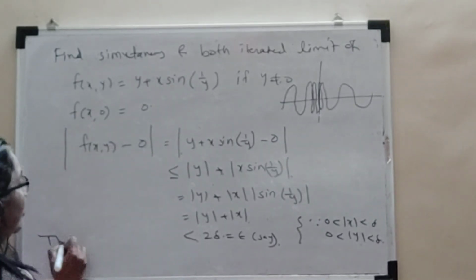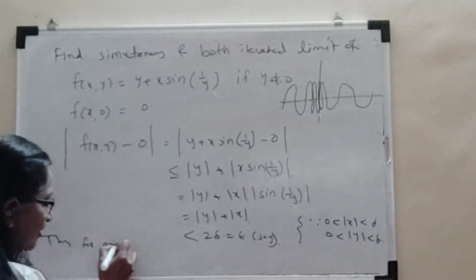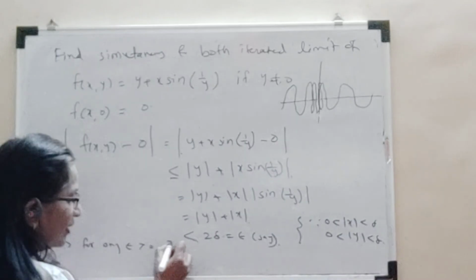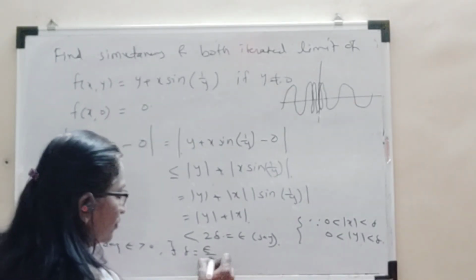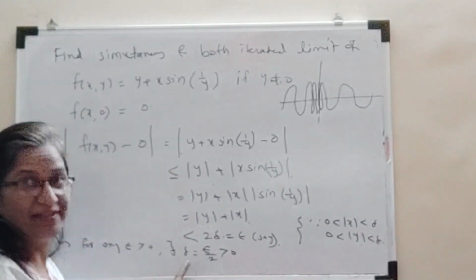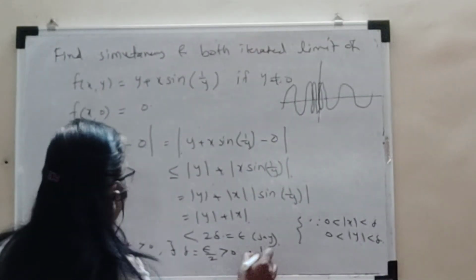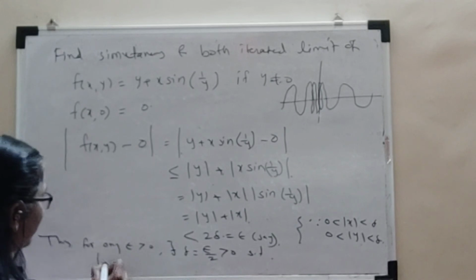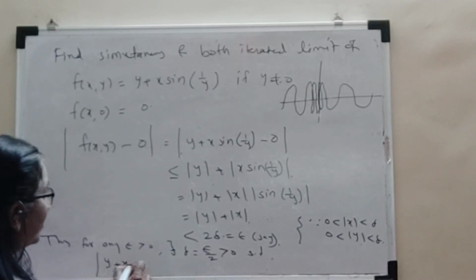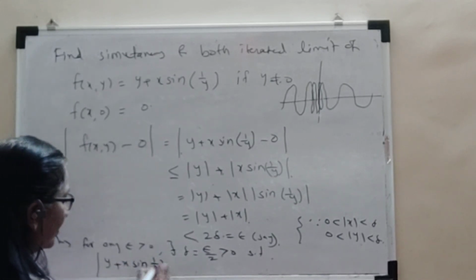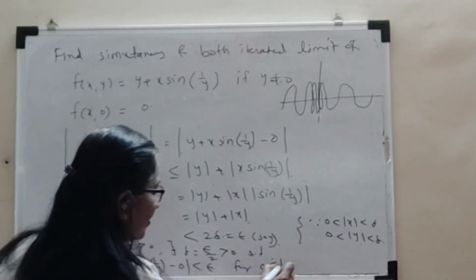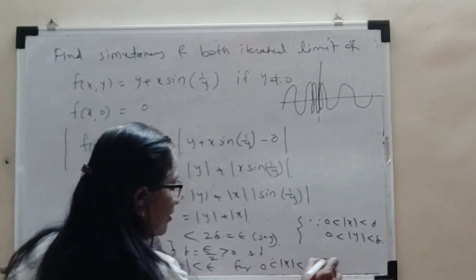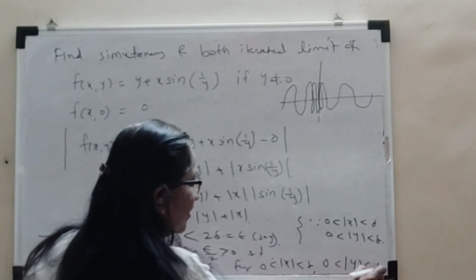Thus for any epsilon greater than 0, there exists delta, where delta is equal to epsilon by 2, and it is also positive because epsilon is positive, such that it satisfies the definition of limit, that is, mod of y plus x into sine of 1 by y minus 0 is less than epsilon for 0 is less than mod x is less than delta, 0 is less than mod y is less than delta.